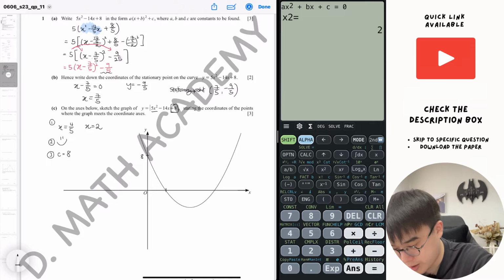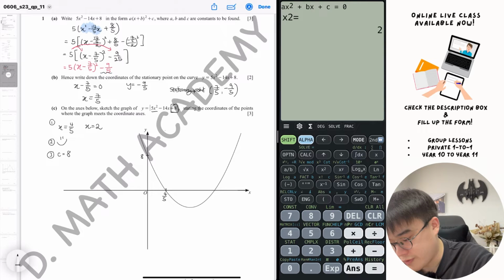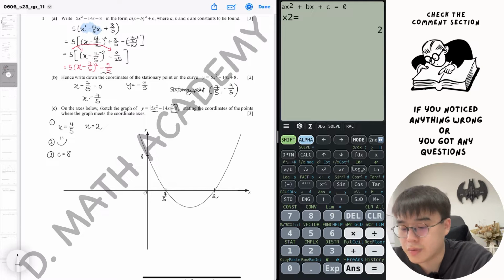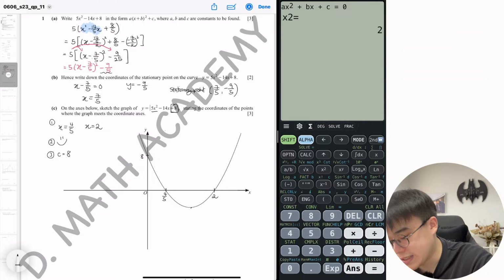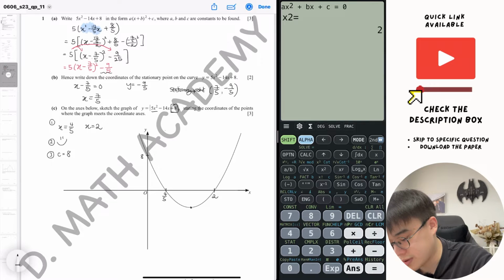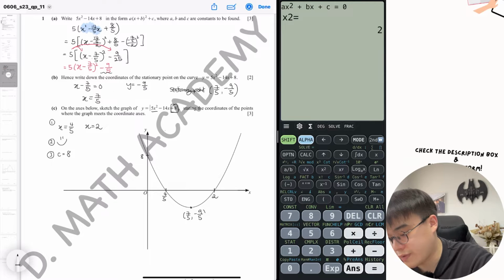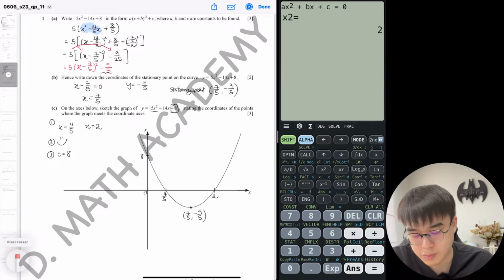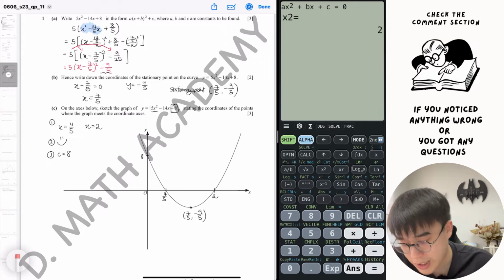We are touching at 4 over 5 and 2. Okay, and also one more thing. The stationary point told us that it is somewhere around here. Okay, this is actually your 7 over 5, negative 9 over 5. It is not necessary for you to label this out. Okay, I'm just putting it in for your reference only.